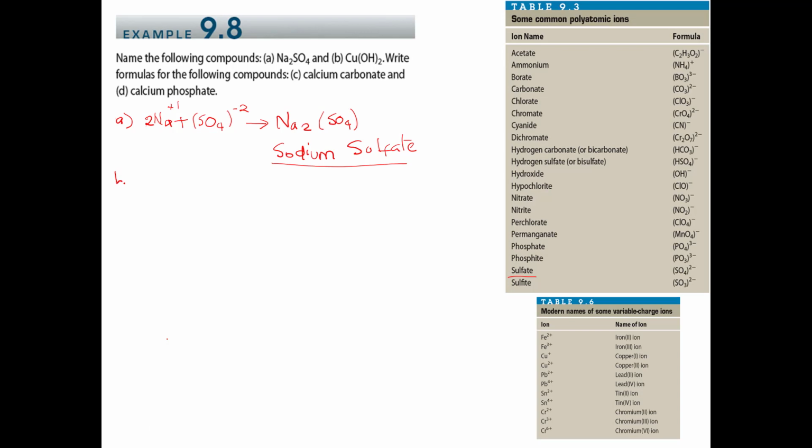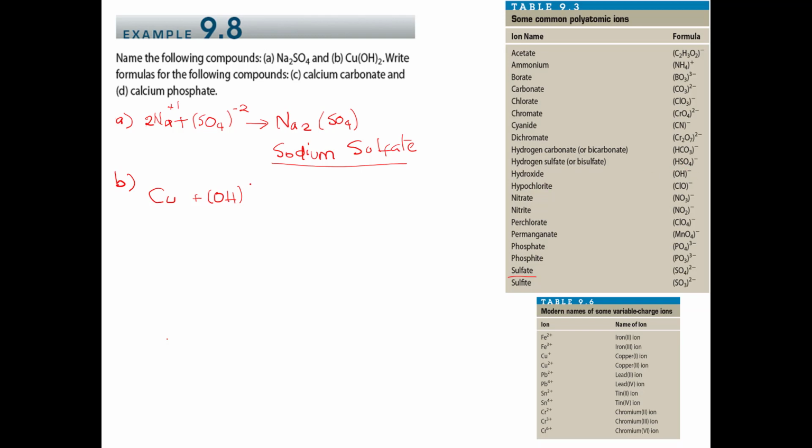And let's try number B. Number B, we had copper, then we start with copper, and then hydroxide. Let's see what the charge for hydroxide is: hydroxide is -1.